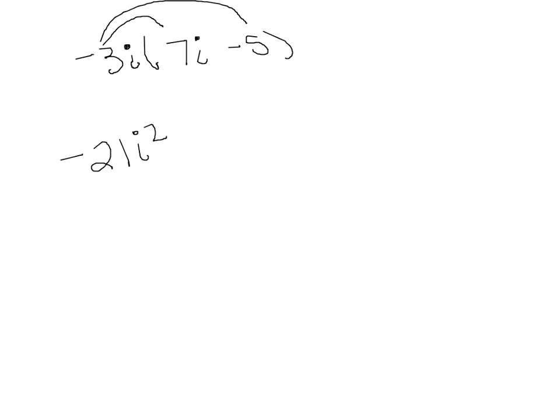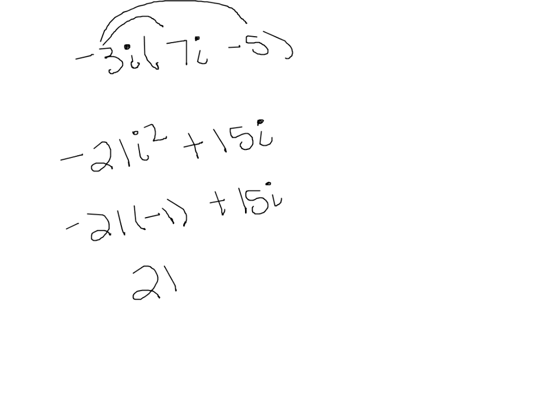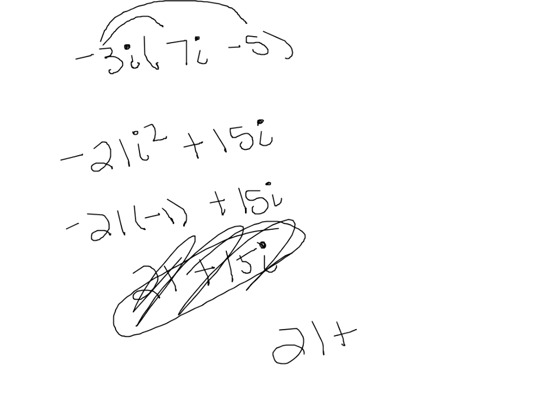And then I have -3i times -5, so that's going to become plus 15i. Now i squared, we saw on the first slide, is equal to -1. And so a minus and a minus is a plus. So this becomes 21 plus 15i. And that's my answer. That got messy.